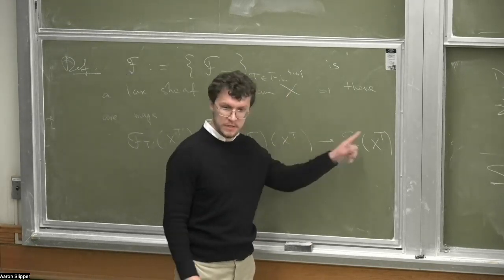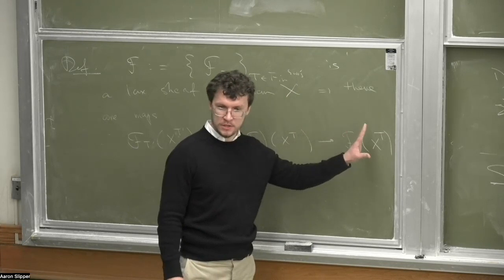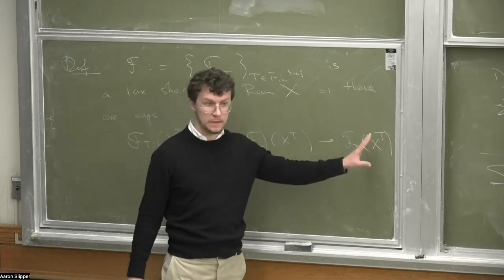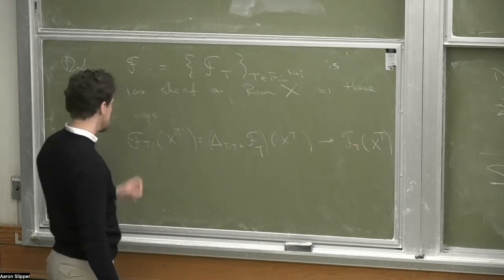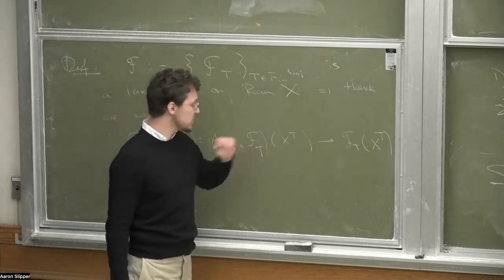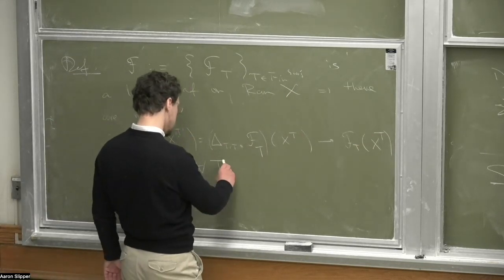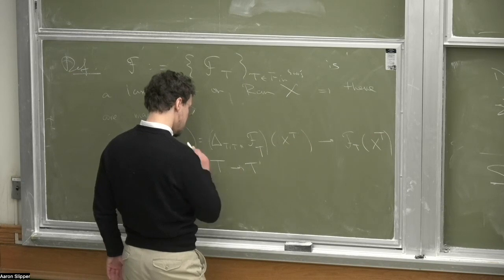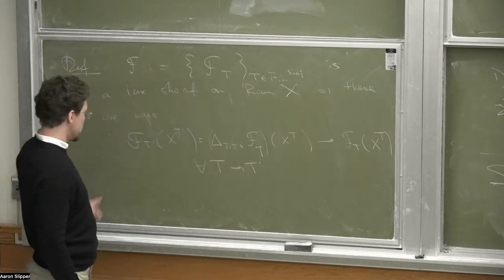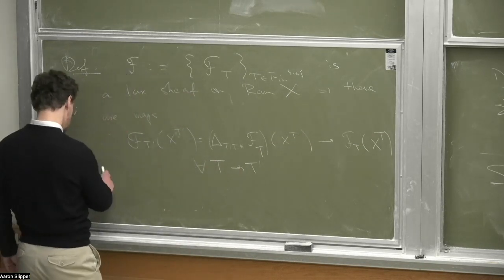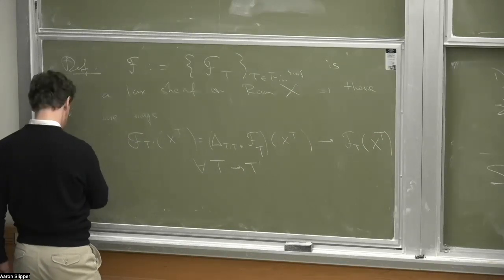Here I'm taking global sections, so the map on global sections is just a map of complexes. So there are compatible maps like this for any T.